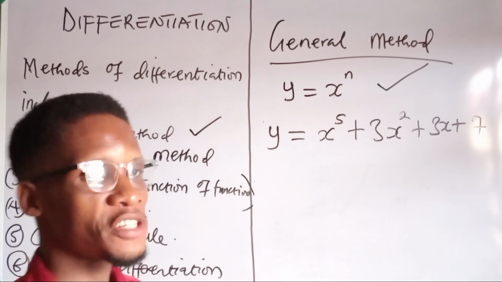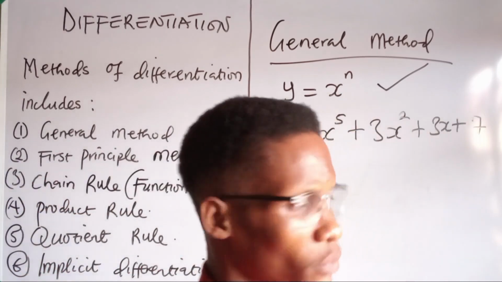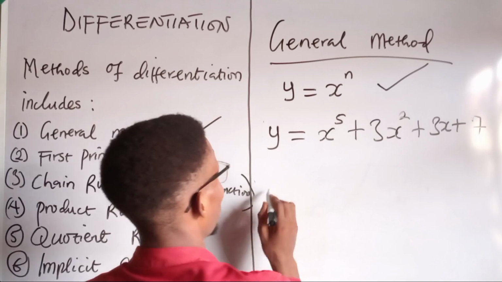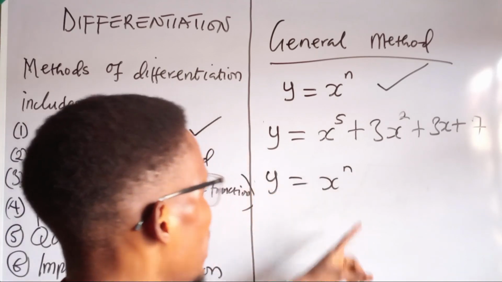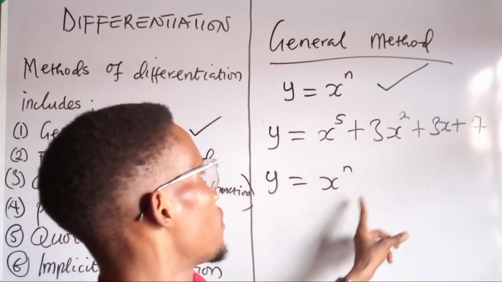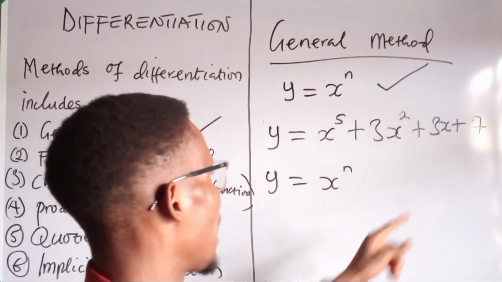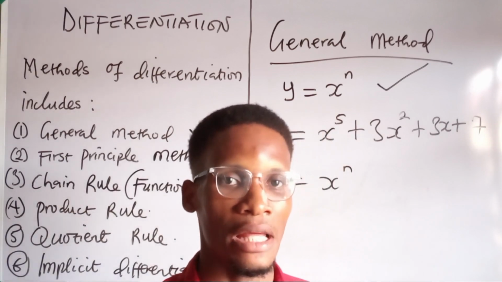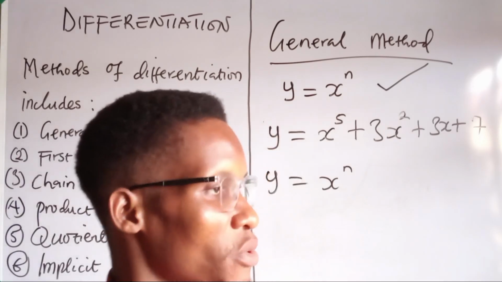We have to differentiate this. So we can apply the general method which says y is equal to x raised to n. And you can see that this aligns with x raised to n, because x here has a power of 1 and here x has a power of 0. That's why it's possible that you can differentiate it with respect to x.